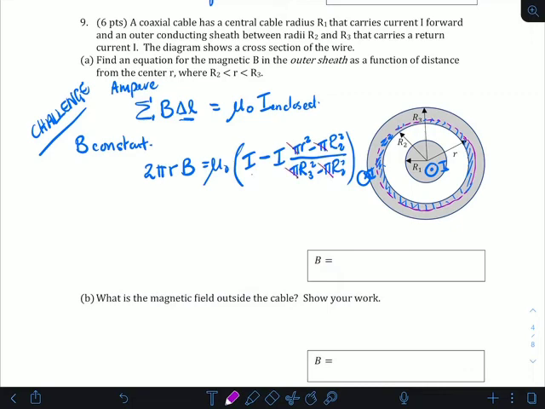Some pi's cancel out, and we can factor out I. If we do all that, then we can solve for B. B equals mu naught I over 2 pi r, times this ratio of areas: 1 minus (r squared minus r2 squared) over (r3 squared minus r2 squared).